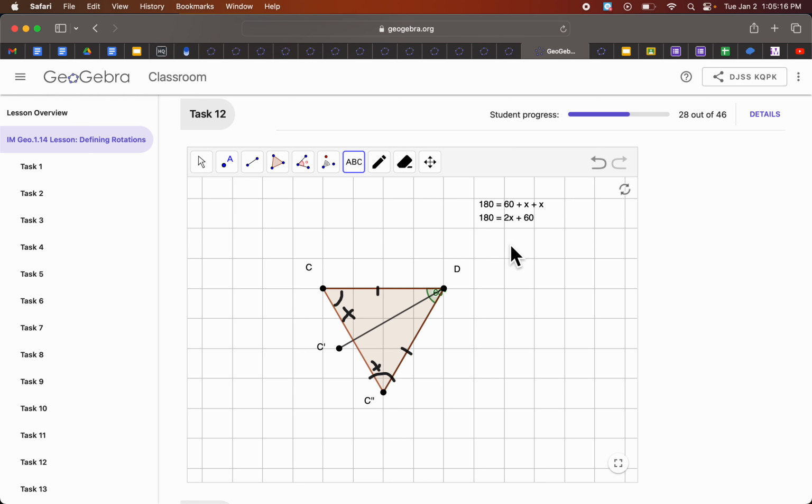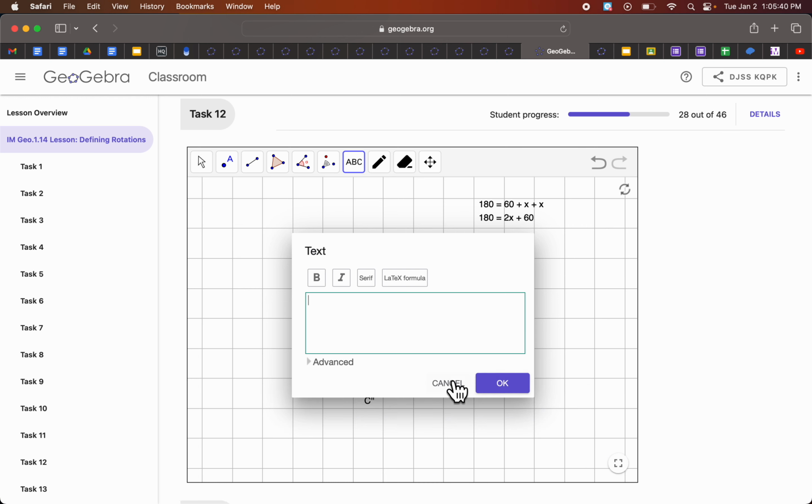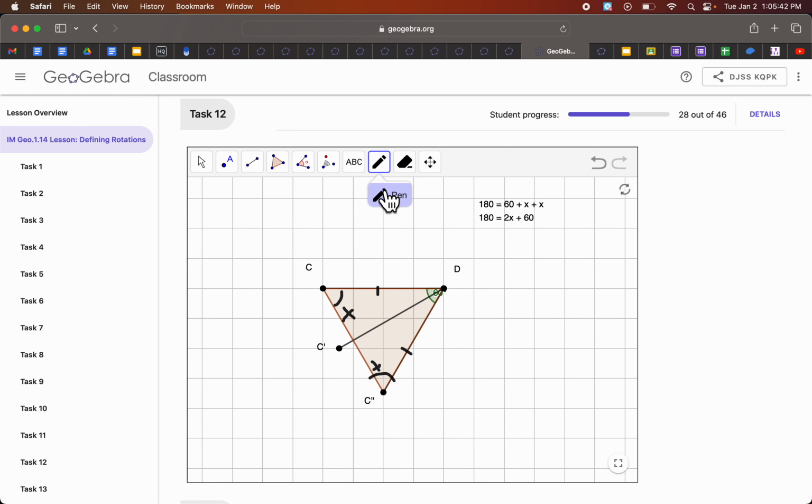And we know how to solve this, right? What do you do here? First step is let's get rid of this 60 because we don't need it. So we're going to subtract 60 from both sides. I'm going to use the pen tool.